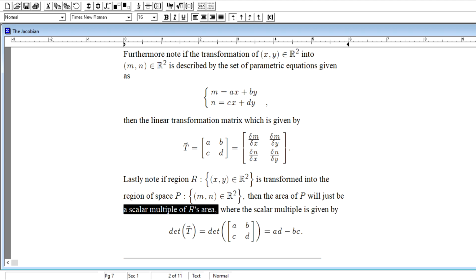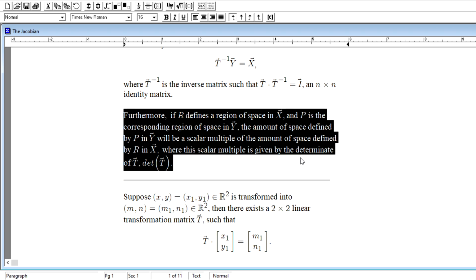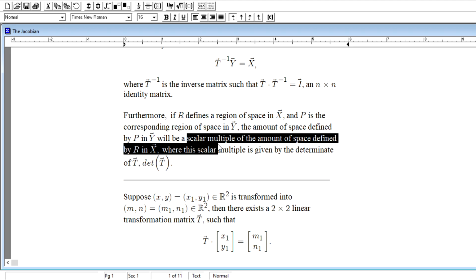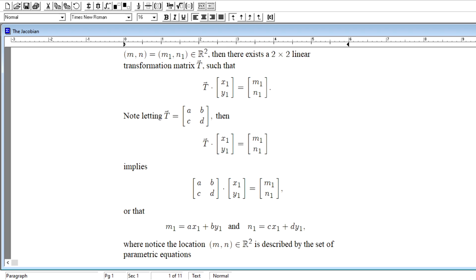As noted, that was what we had said in general up here. If R defines a region of space in X and P defines a region of space in Y, the amount of space defined by P will just be a scalar multiple of the amount of space defined by R. What is that scalar multiple? It is going to be the determinant of T.